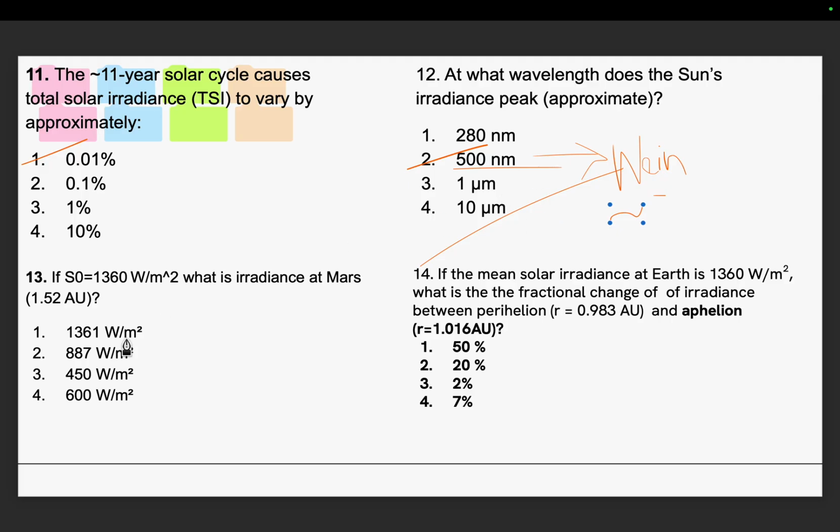Question 13. If S0 is 1360 watt per meter squared, what is the irradiance at Mars?